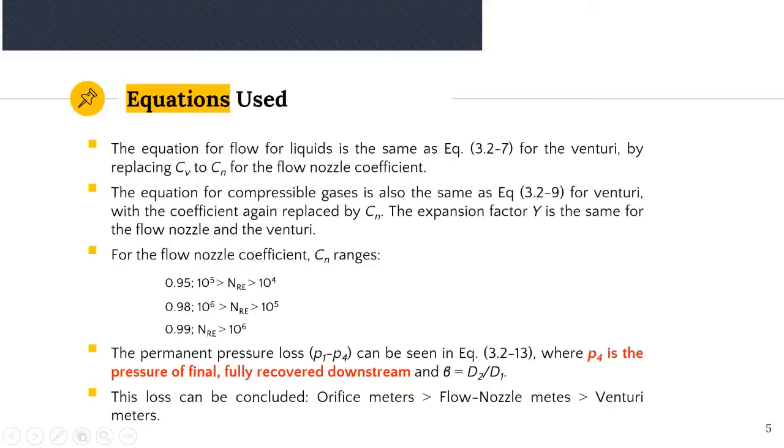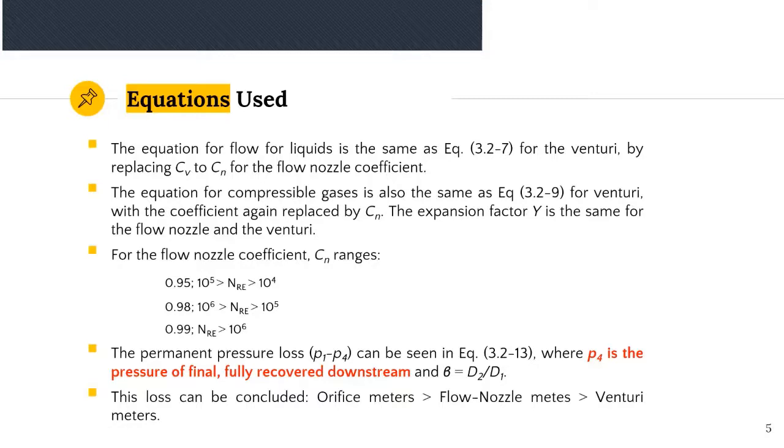It would be 0.98 when the NRE is between 100,000 and 1 million, while it would be 0.99 when the NRE is higher than 1 million. So it depends on the NRE. If your NRE is 200,000, it's between 100,000 and 1 million, so the Cn value would be 0.98.